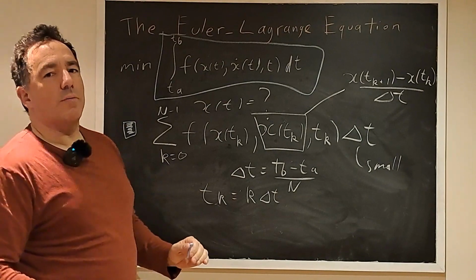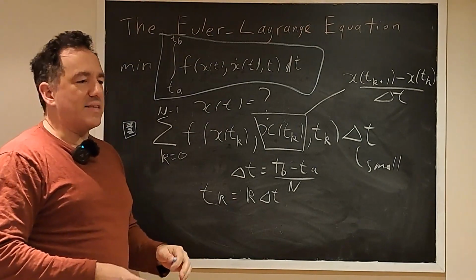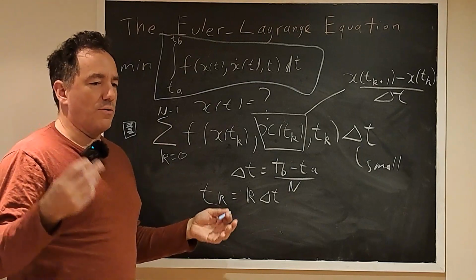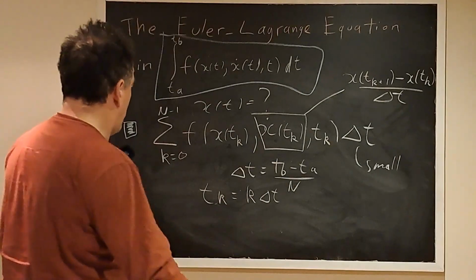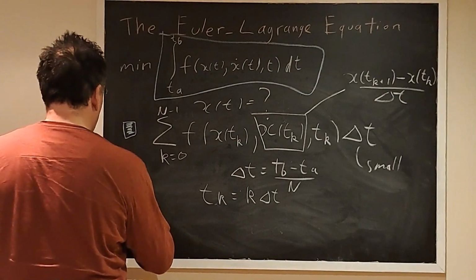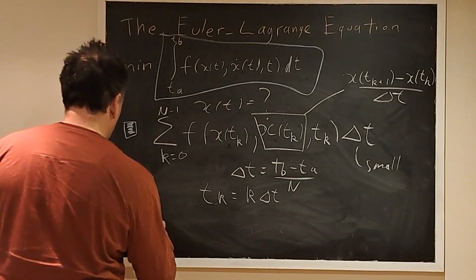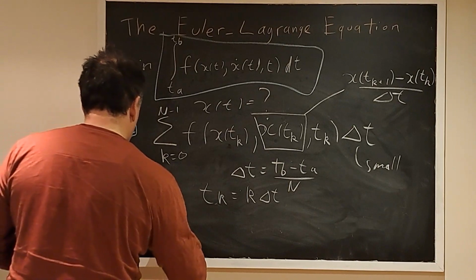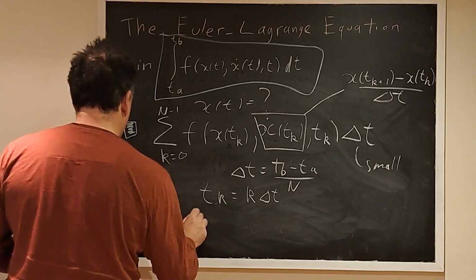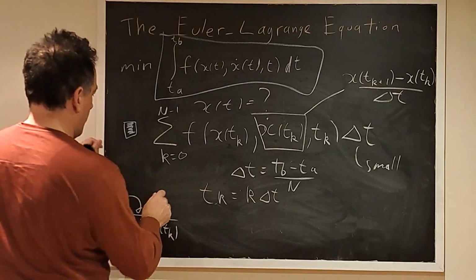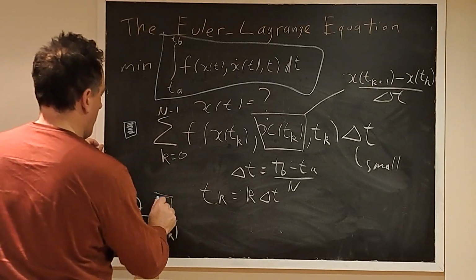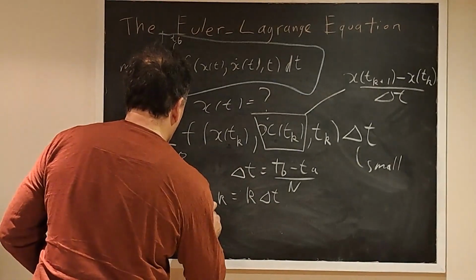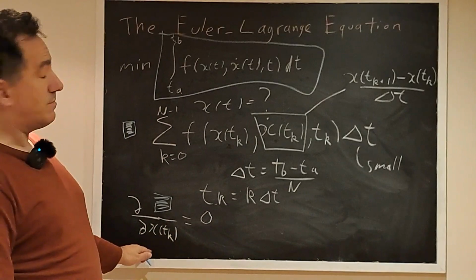So the minimum will be obtained as in any problem using multivariable calculus: we need the derivative with respect to x of tk of this thing here equals 0 for all the tk's.